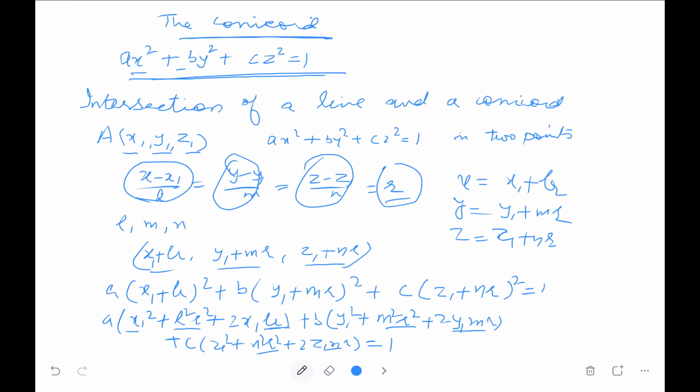So now it will be quadratic in r. Let us collect the coefficients of r square, r, and then the constant terms.